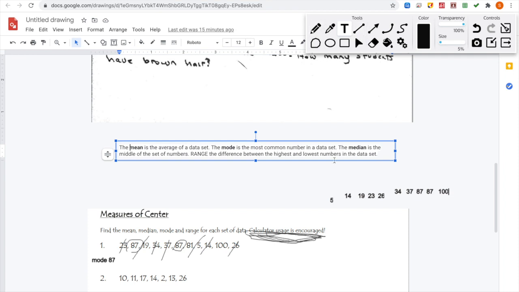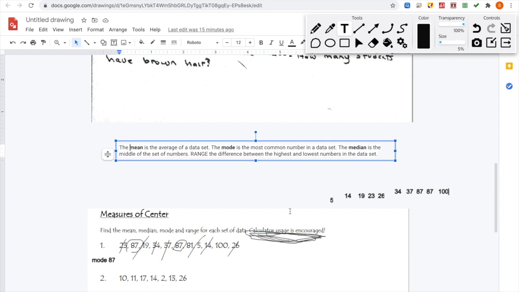So I'm going to count how many numbers I wrote down to make sure that I got them all. 1, 2, 3, 4, 5, 6, 7, 8, 9, 10. So that's saying there should be 10 numbers, so I'm going to double check. 1 through 11. So that's telling me I missed one.